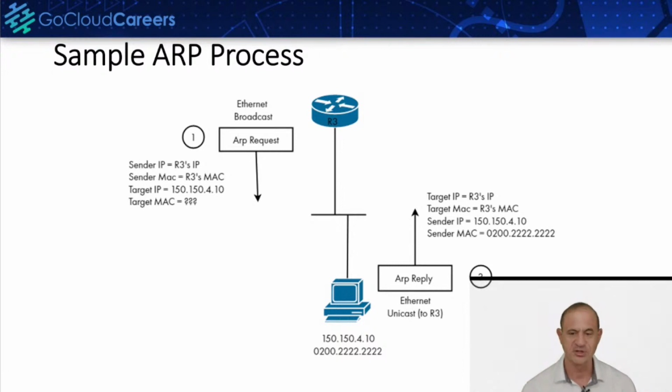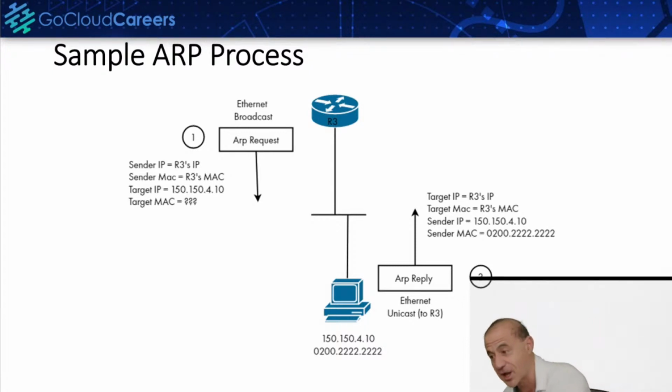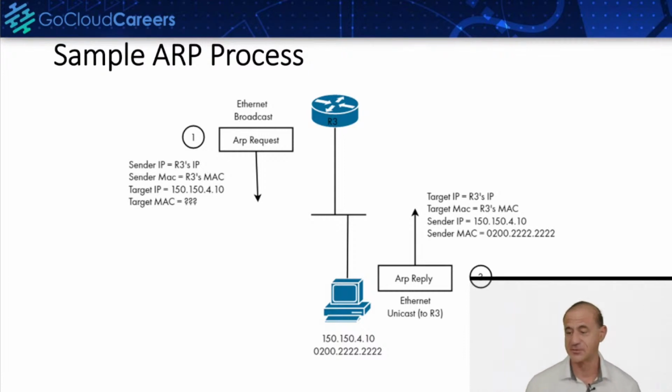I want you to think about this truly. If you have 500 devices on a network, what are the chances that all 500 of these devices at the same time are going to send broadcasts? A lot. So every device you have sends a broadcast.